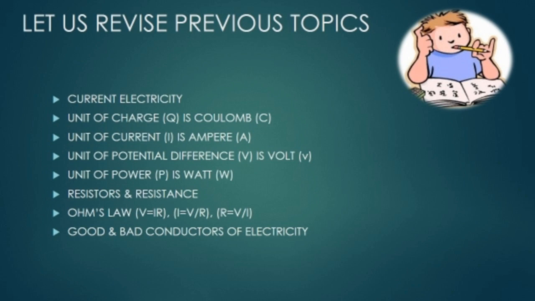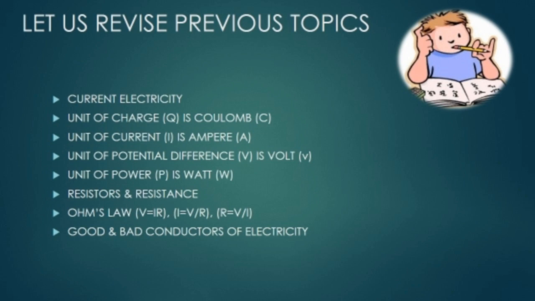It means that whenever you increase the voltage, the current will also increase. Consider the example of a stabilizer: whenever you are increasing the voltage, the increase in voltage results in the increase in the current also. So this is Ohm's law.